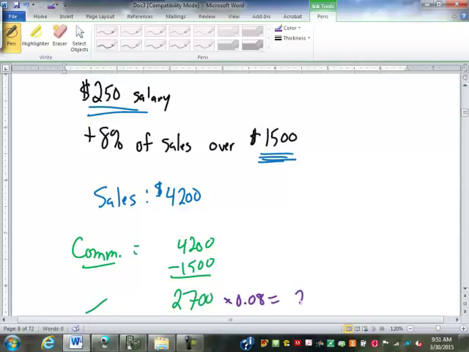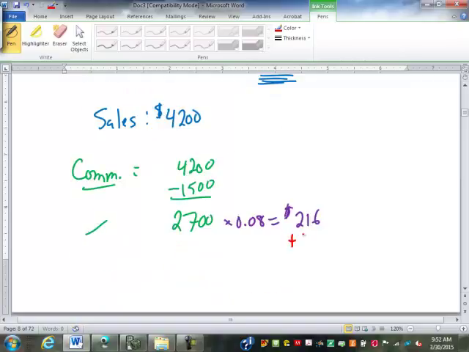Times .08, very good. So you get $216 in commission that week. Now, of course, to that, you're going to add your $250 salary, so you get $466. Correct? Okay.